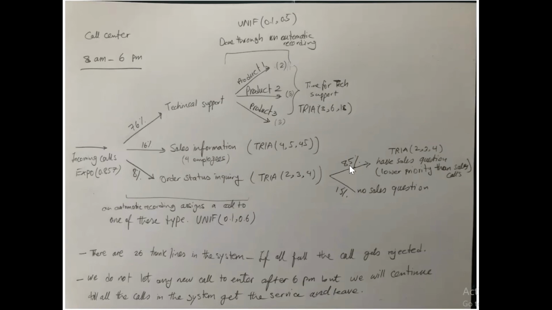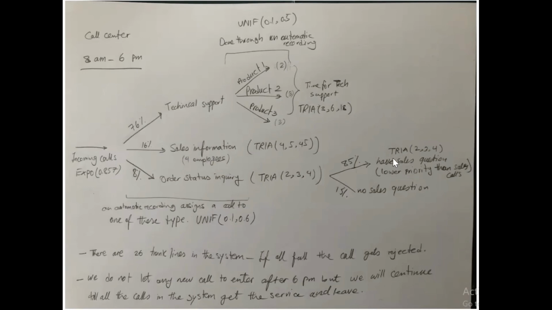However, these calls have lower priority compared to a sales call that has originally come in. So if there is, let's say, a sales call in the line, a person who has called and has a sales question, and also a person who has called to check the status of the order and has some additional sales question, this person will have lower priority compared to the calls that came to the system originally as a sales call.